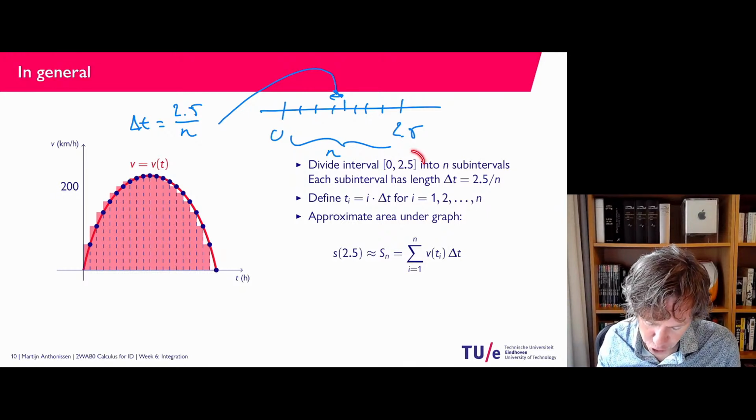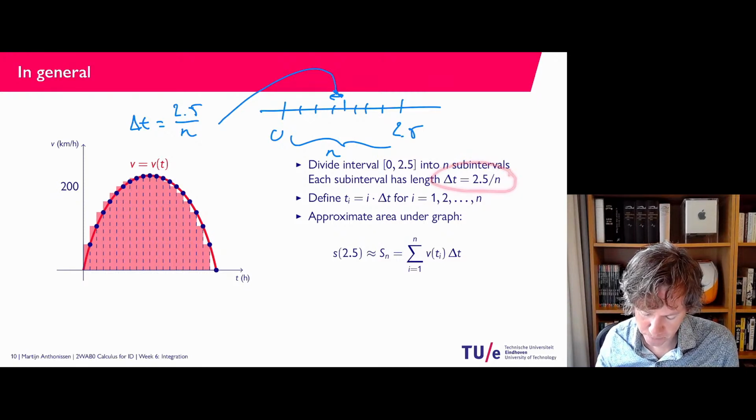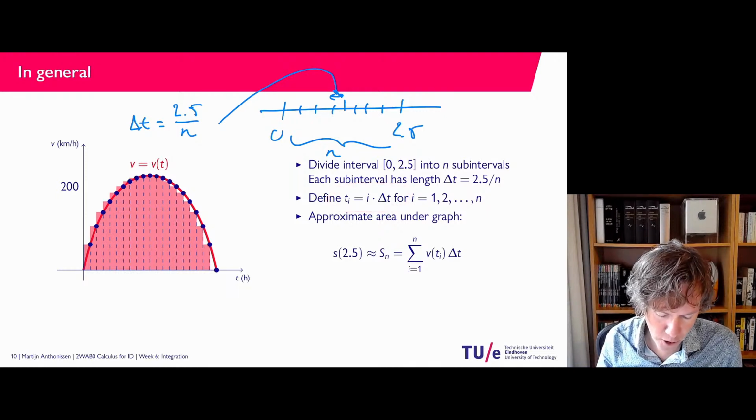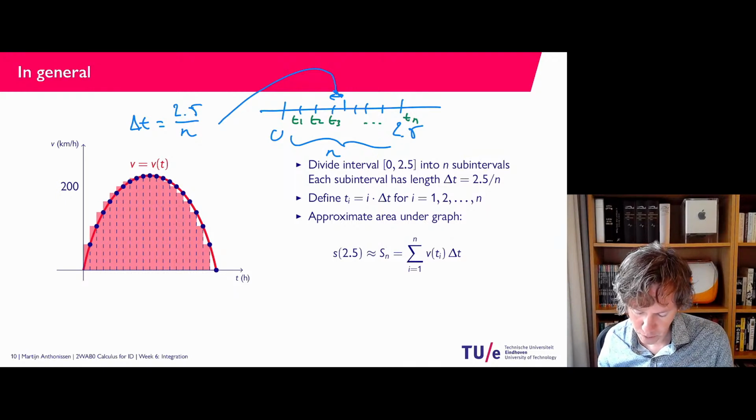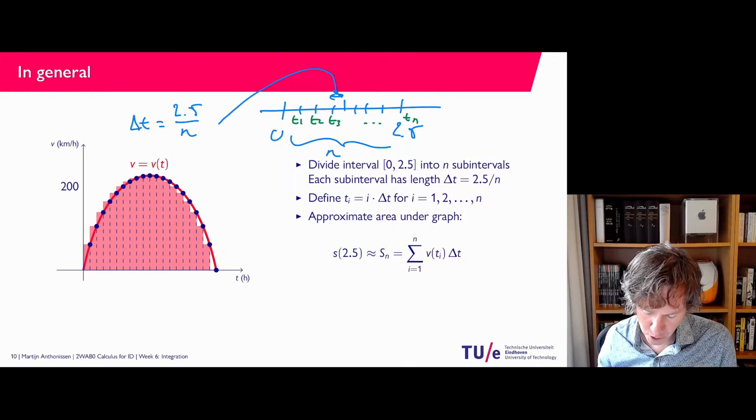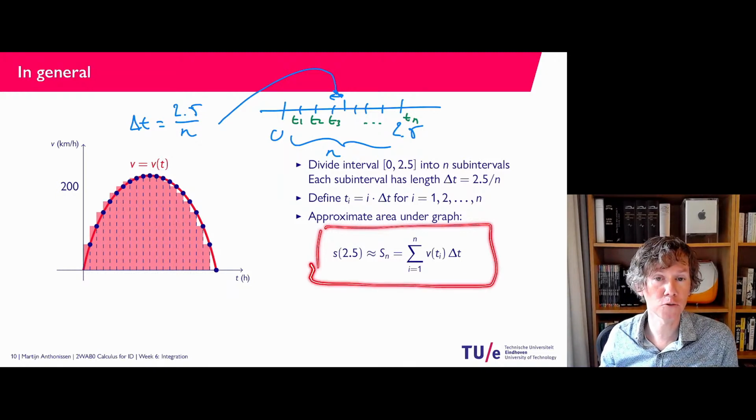So we have from 0 to 2.5, we take n subintervals, which means that every subinterval has this length, delta t. So I'm defining the time points here. So the time points, again, nothing special is going on. This is just labeling. So this is t1, t2, t3, up to here at the very end we have tn. And then the area under the graph can be approximated with what is in this box here.